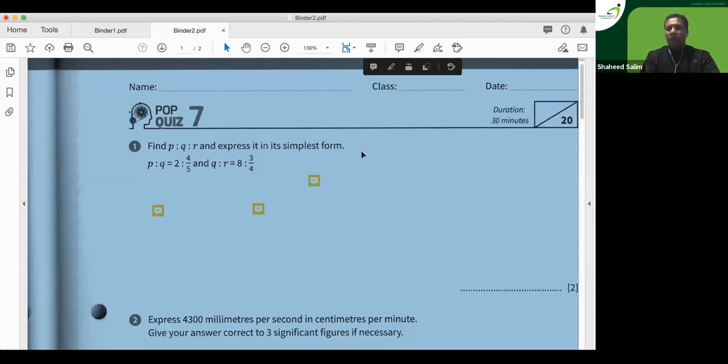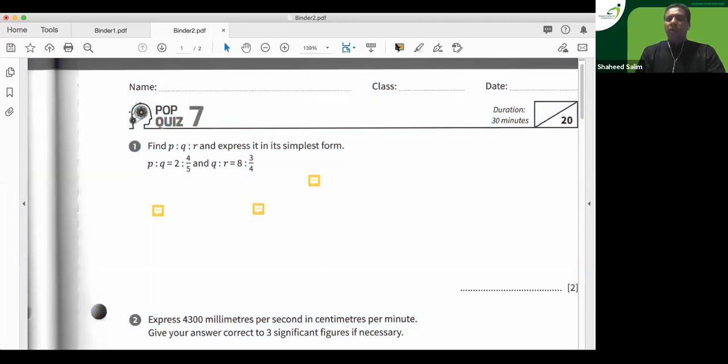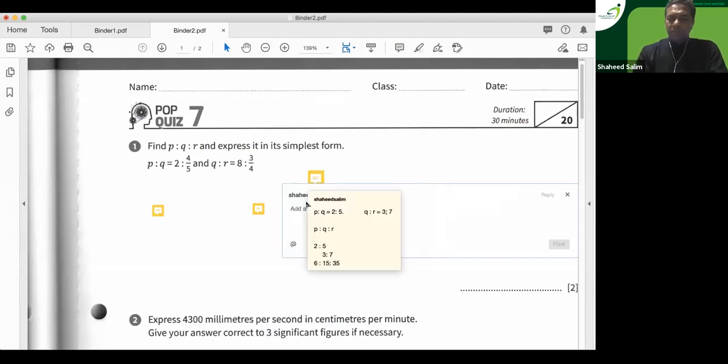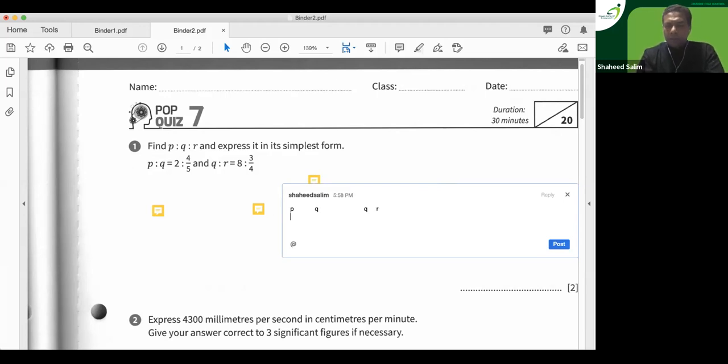Okay, we try again. Try again. You have to try until you get it, miss. Here we go, let's see. Oh, okay, this, P is to Q. And then down here, Q is to R. P is 1 over 3.